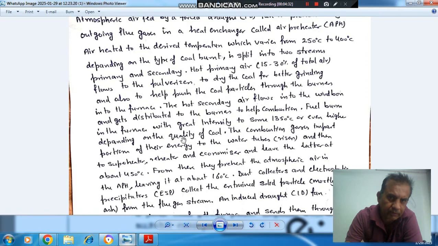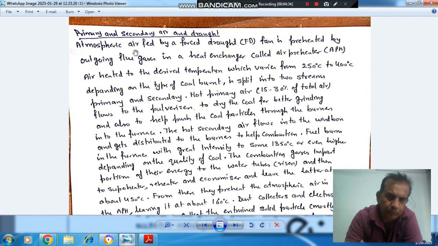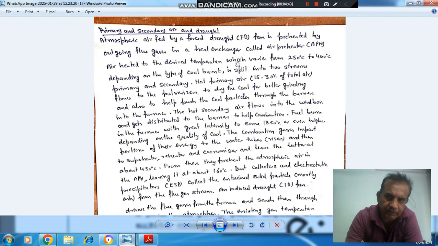Here is the explanation. Atmospheric air fed by a forced draft fan is preheated by outgoing flue gases in a heat exchanger called the air preheater. Air is heated to a desired temperature, which varies from 250 degrees Celsius to 400 degrees Celsius depending on the type of coal burned, and is split into two streams, primary and secondary.